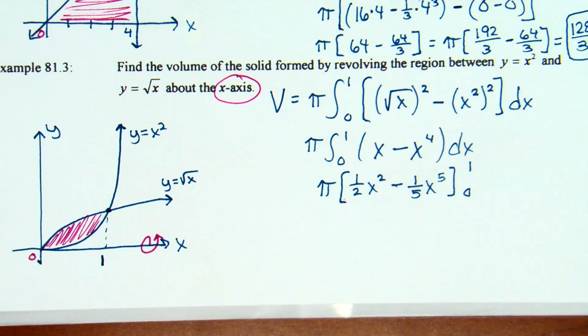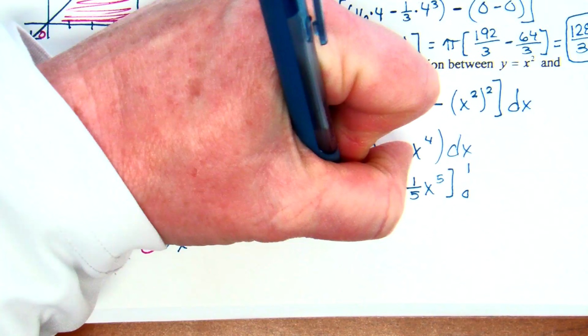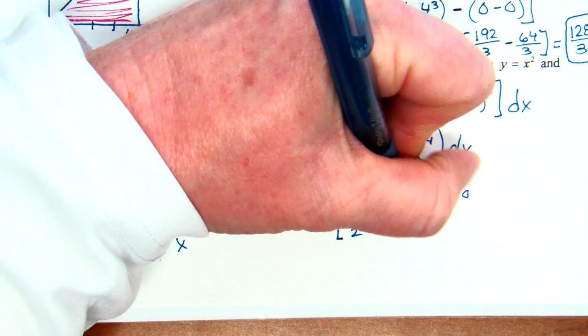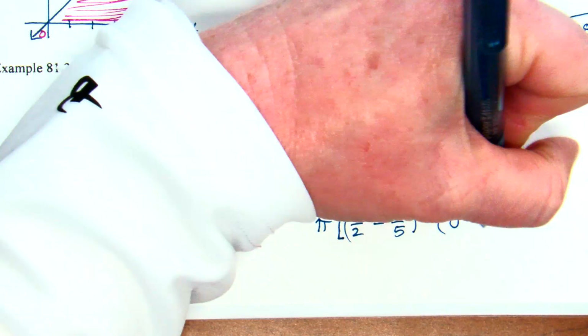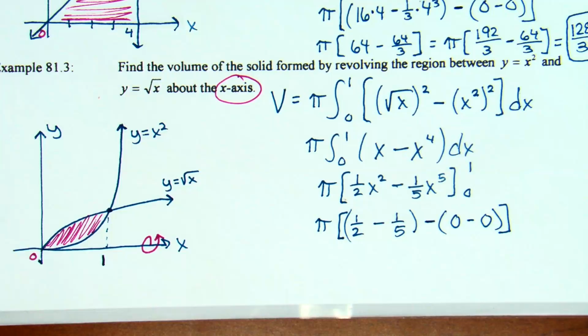Okay. So, have you done the math? 1/2 times 1 squared minus 1/5 times 1 to the 5th. And then minus 1/2 0 squared minus 1/5 0 to the 5th. So really we just have to know 1/2 minus 1/5.